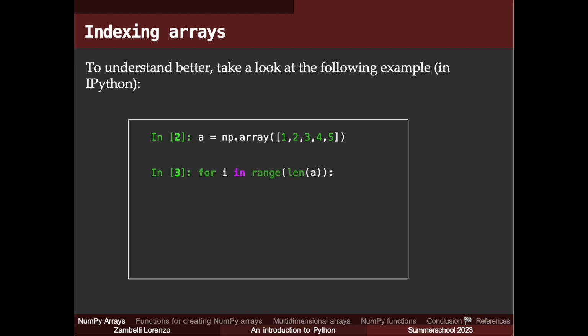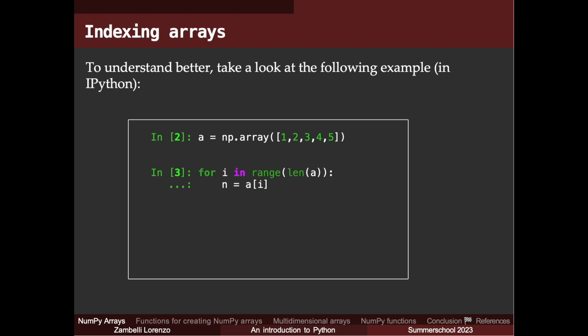Then let's create a for loop: for i in range, starting at len(a), the length of the array, which in this case is 5. So the first element would be 0, and the last element would be 4.